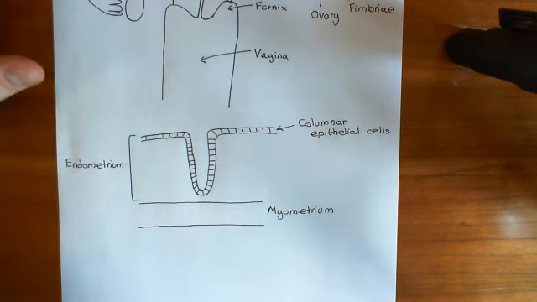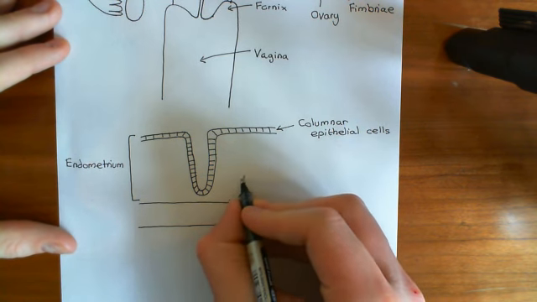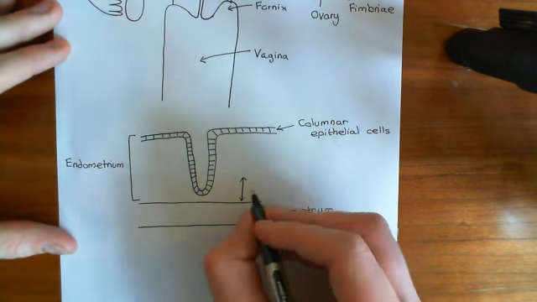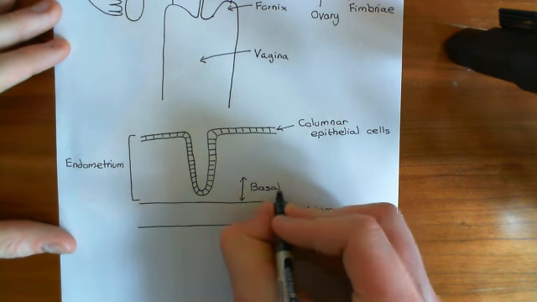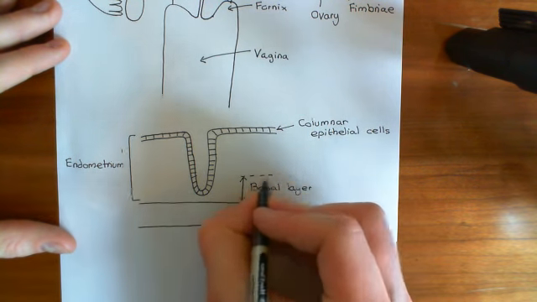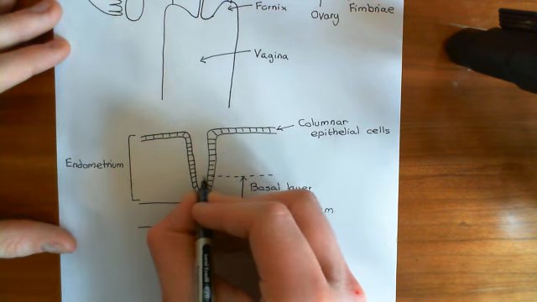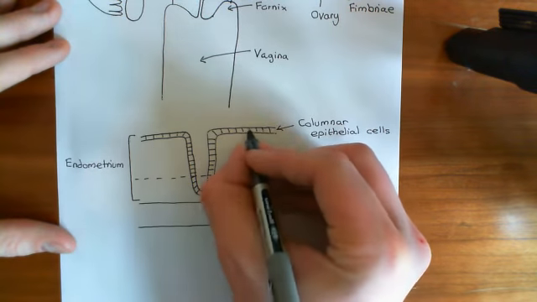Now there's another way of dividing up the endometrium. Okay, and this is based on which portions of the endometrium are lost during menstruation. Okay, so there's a certain portion of the endometrium that is not lost during menstruation, and this is called the basal layer of the endometrium, so this bottom portion here, and I'll put sort of like an imaginary little dashed line to show the distinction between the basal layer and what's known as the functional layer, which is the portion that will be lost during menstruation.